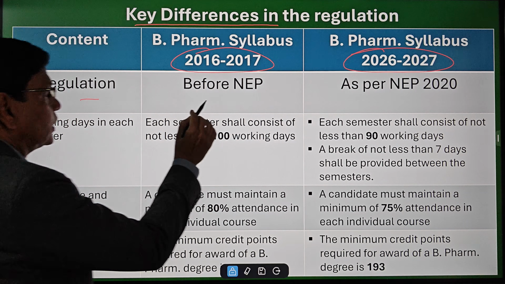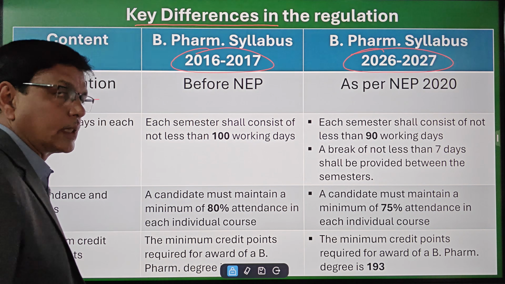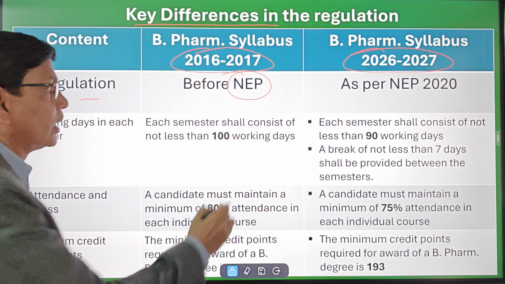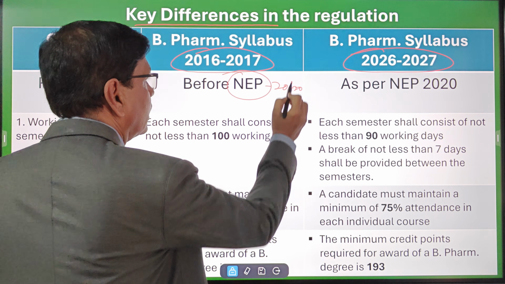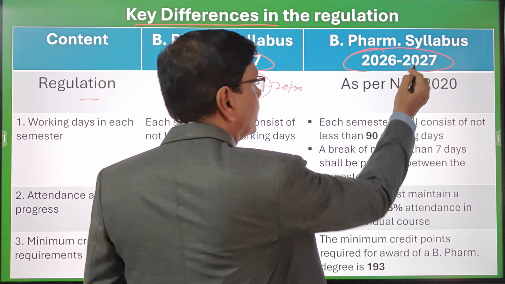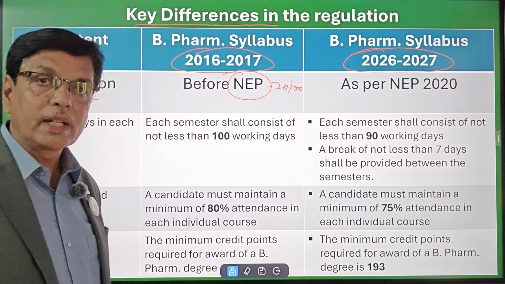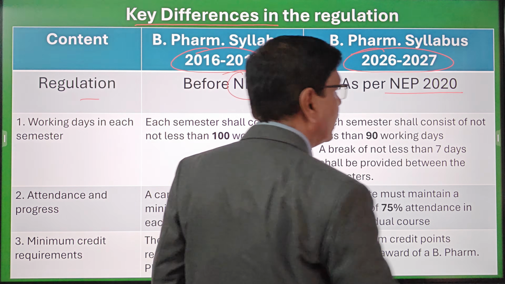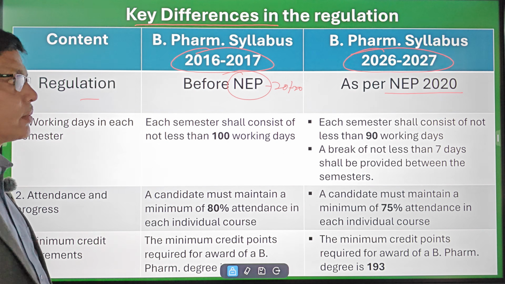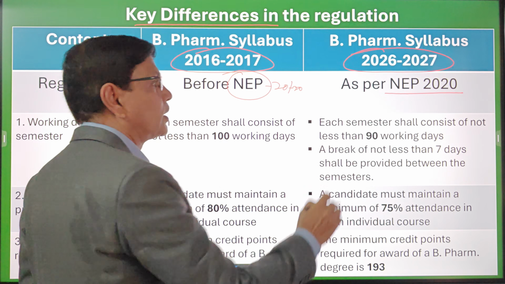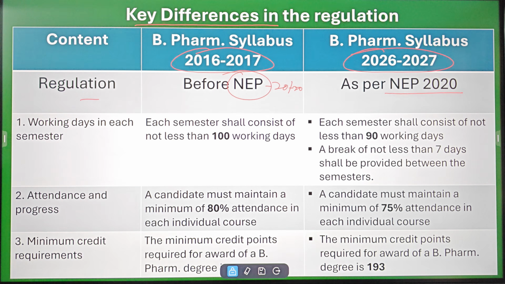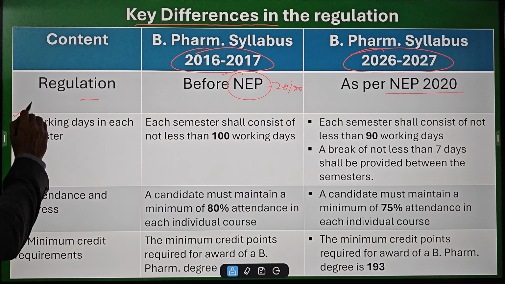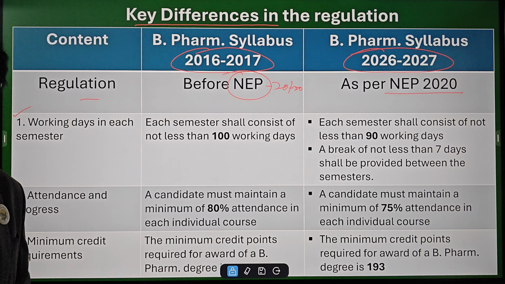So the regulation part: this 2016-17 syllabus was framed before the introduction of National Education Policy 2020. But this 26-27 syllabus is entirely taken into consideration through National Education Policy 2020. The guidelines set by the National Education Policy have been taken as a reference to design the 26-27 B Pharma program syllabus.